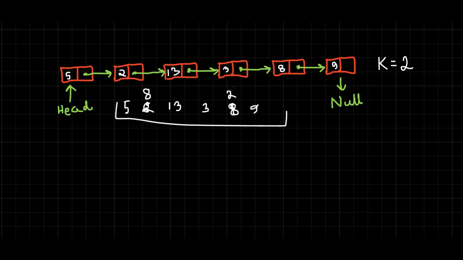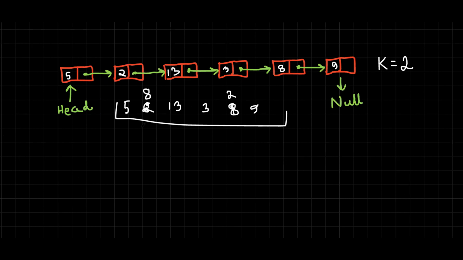Because if we want to perform the swapping operation, it will be very hard to implement the algorithm directly on the linked list. But if we keep the linked list elements in a vector, then the swapping will be easy. Now, our vector contains the elements 5, 8, 13, 3, 2, and 9.